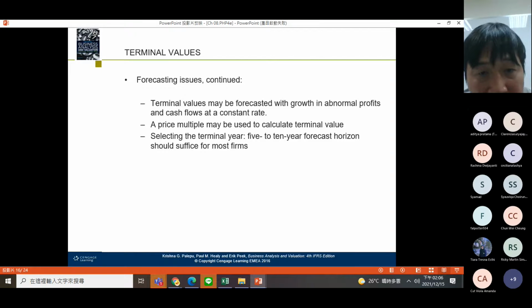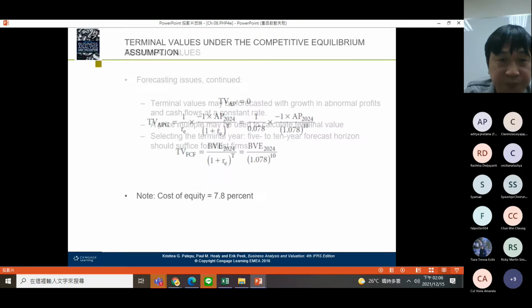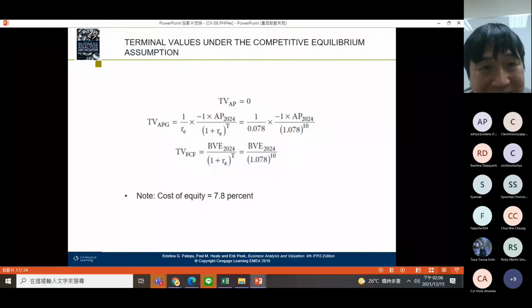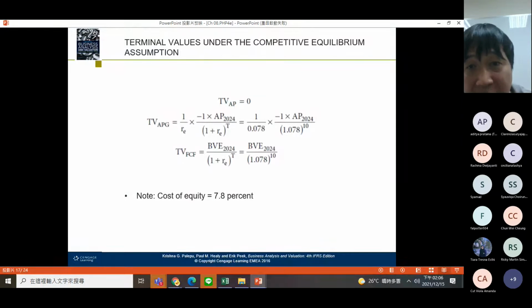A price multiple might be used to calculate the terminal value. Selecting the terminal year, a 5 to 10 year forecast horizon serves most firms. Terminal values are under the competitive equilibrium assumption.